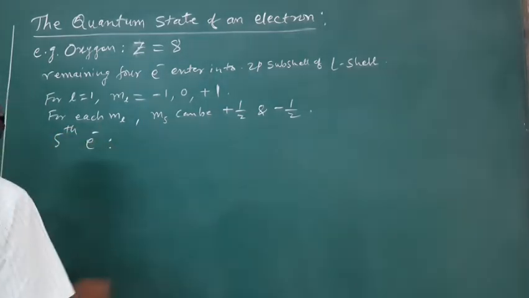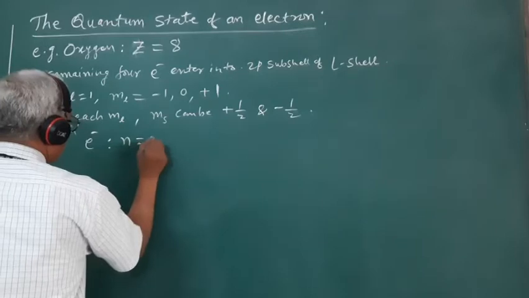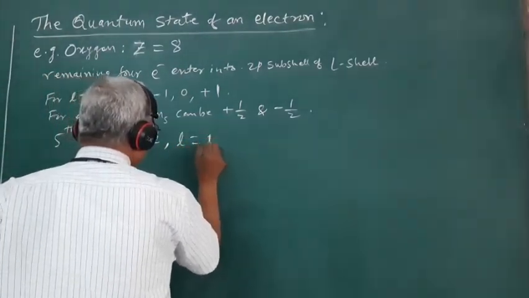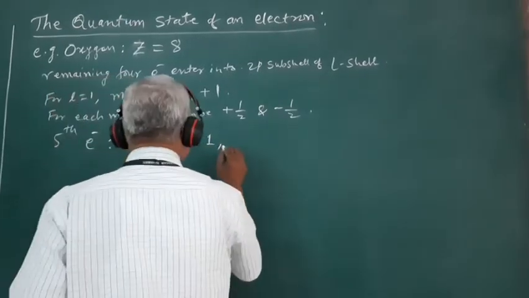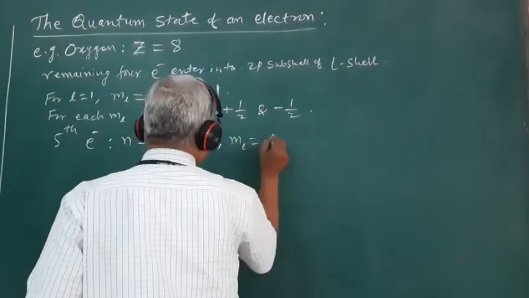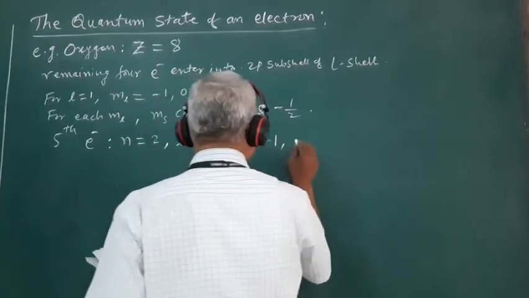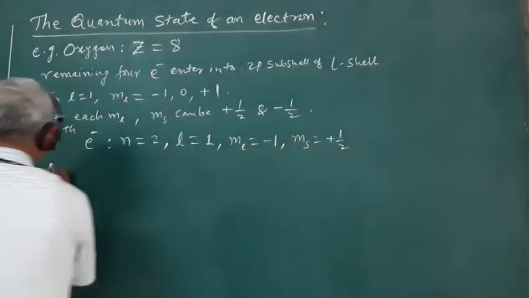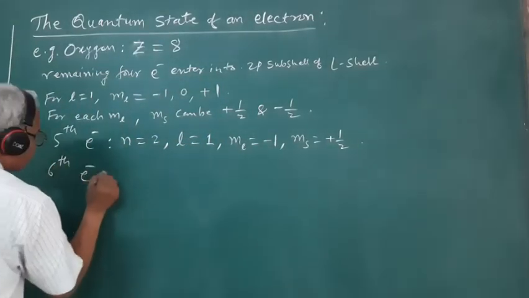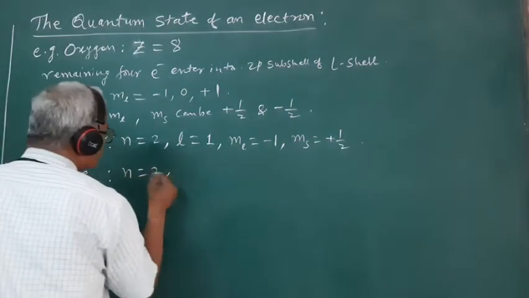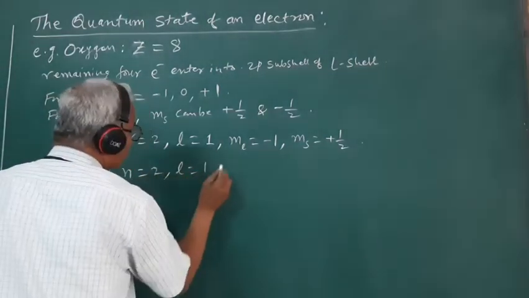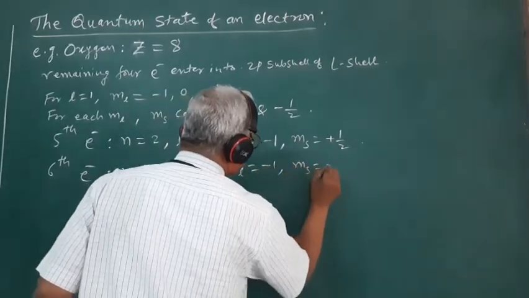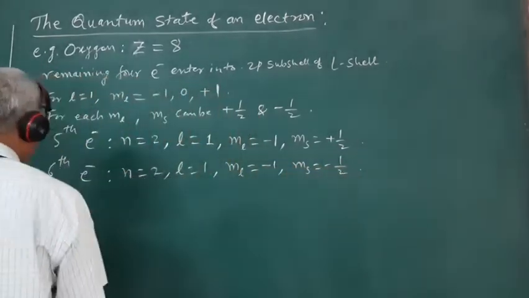The fifth electron will have the values n equal to 2, l equal to 1, ml is equal to -1 and ms is equal to +half. For the sixth electron, n is equal to 2, l equal to 1, ml equal to -1 and ms is equal to -half.